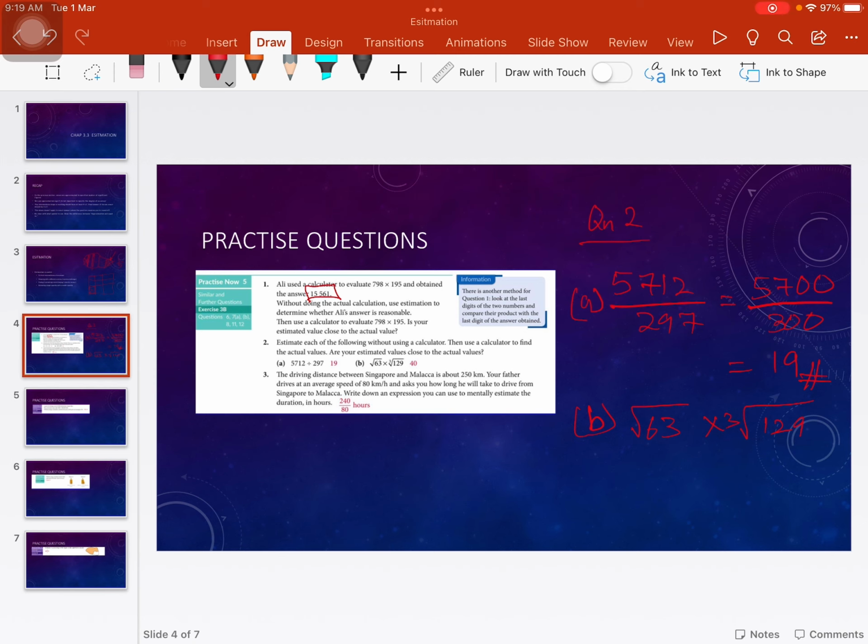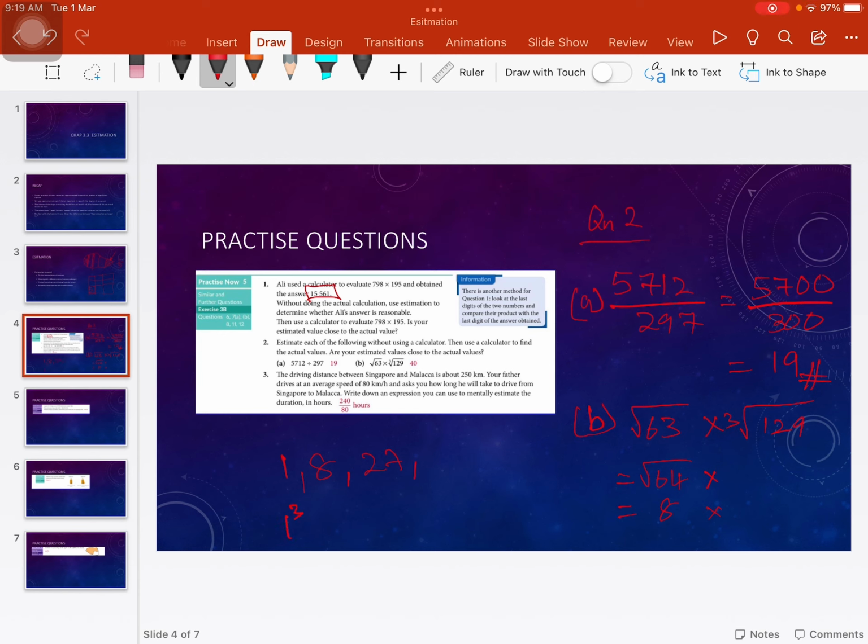Now for this, you need to have a good understanding of what a perfect square and a perfect cube are. As close as possible, 64 would be the closest to 63, because you can square root 64, right? And that will give you a nice number, which is 8. Okay, how about cube root? Cube root starts with 1, 8, 27.